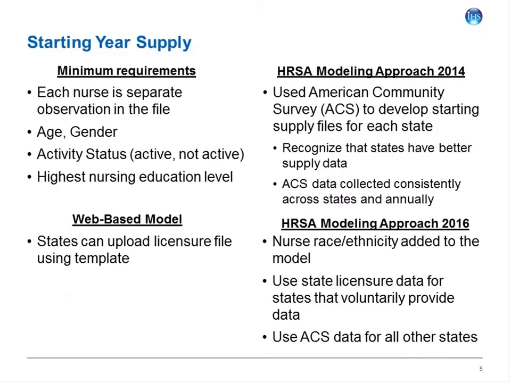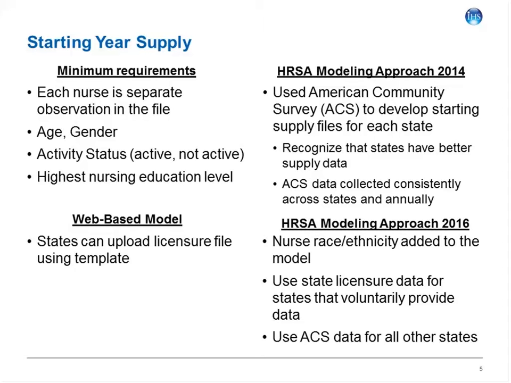For RNs, we track 3 levels of educational attainment, those trained at the associate or diploma level, those at the baccalaureate level, or those with a graduate degree. And that education level does affect certain things, such as their labor force participation, their hours worked, and the retirement patterns.